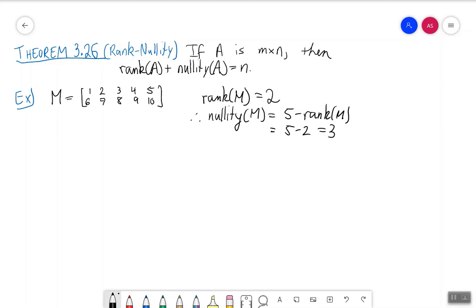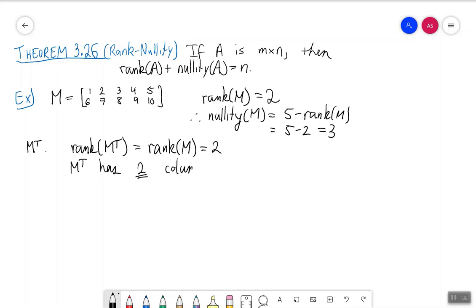On the other hand, what happens when we look at M transpose? We already know that the rank of M transpose is the rank of M, which is still 2. However, M transpose has 2 columns and not 5.